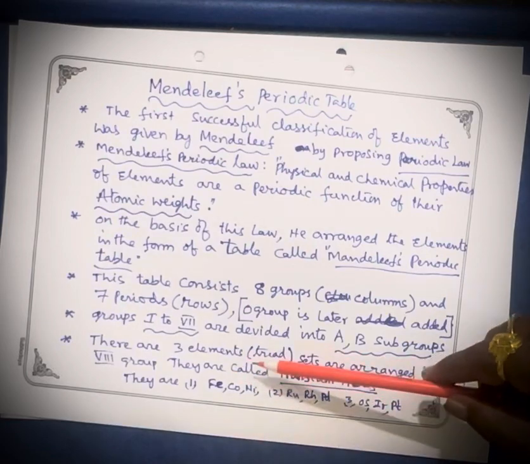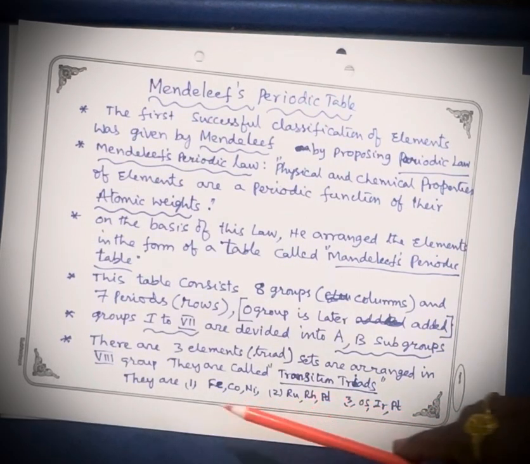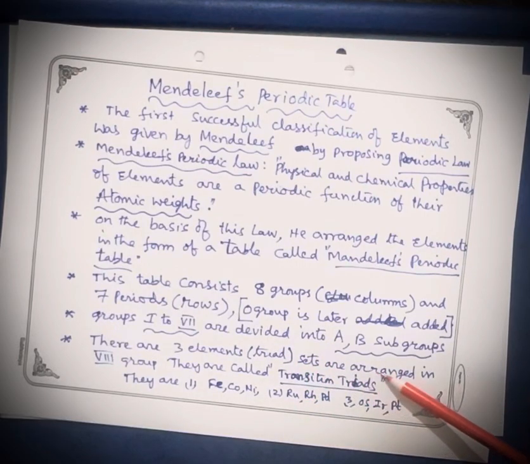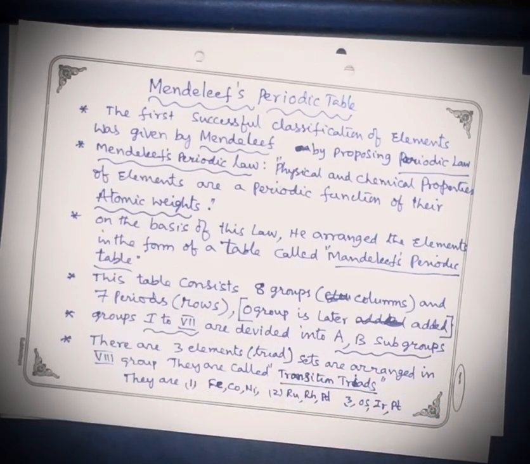There are 3 elements in the 8th group. A group of 3 elements kept separately in the 8th group are called transition triads. Means 3 elements: transition triad.